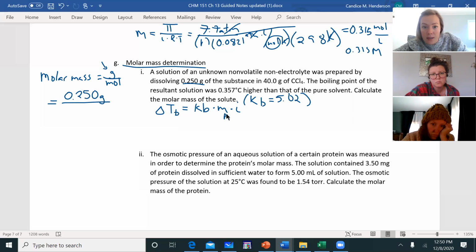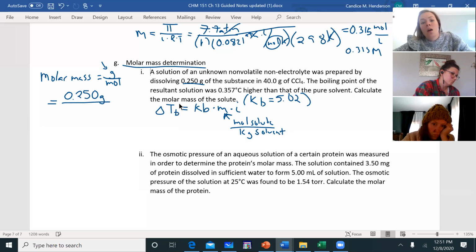Molality is equal to moles of solute divided by kilograms of solvent. So do I know the other things in order to find that little m? Do I have change in temperature? I do. It's given to us in the problem, 0.357. Do I have Kb? It wasn't originally written in there. I had to fill it in, but you would have to be given that.